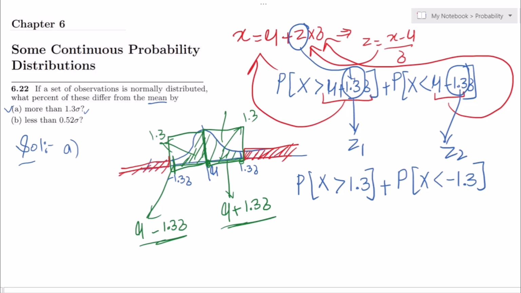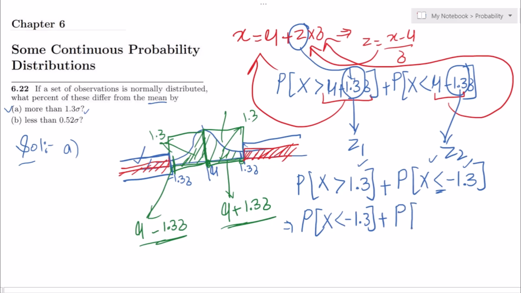Now you can see that this information is similar to this information, because this normal distribution is symmetrical with respect to the mean. So both of these percentages are the same. So now only considering this one, because this corresponds with the less than sign, adding both of them, these two are equivalent, so this is equivalent to minus 1.3 as well.